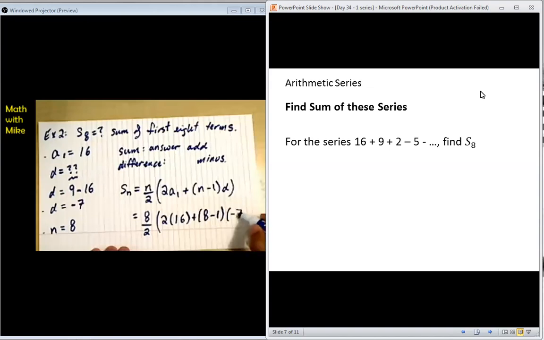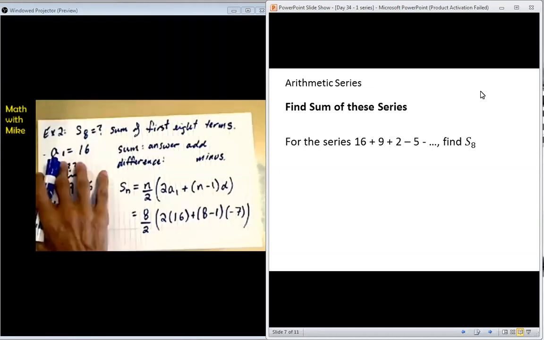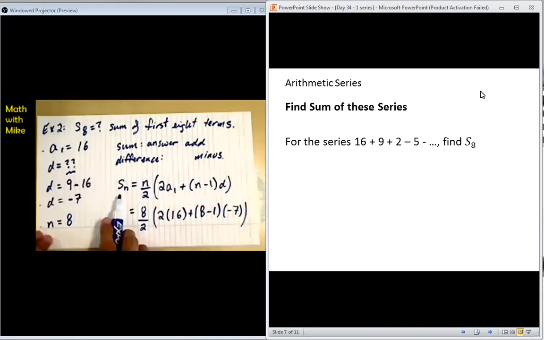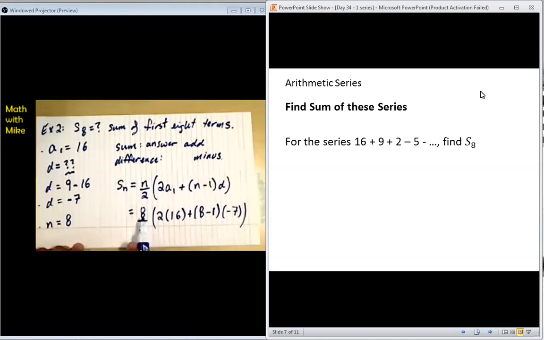So please put in a set of brackets there. That would be suitable and useful. Oh, you know what? Watch this. We have Sn up here. And because we started to put 8 in already, you should have S8 down there. It's not Sn anymore.